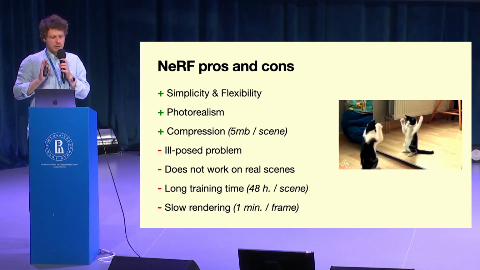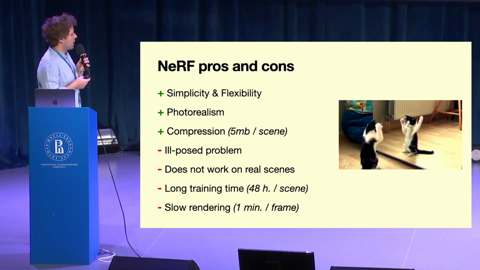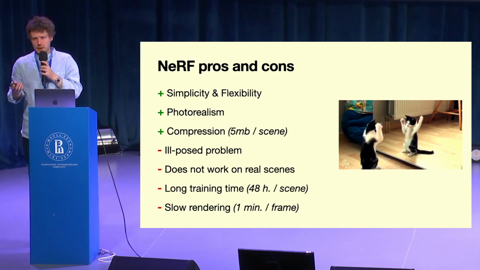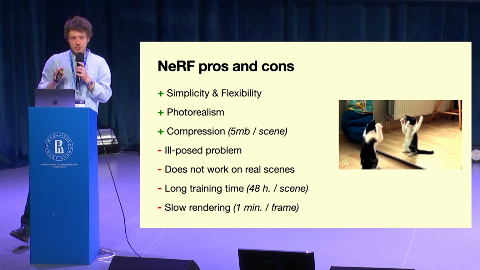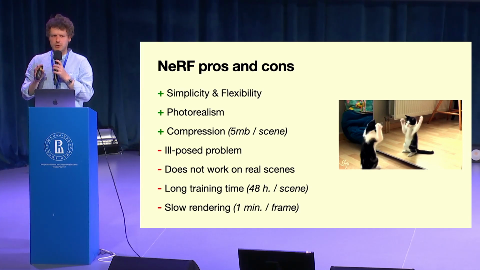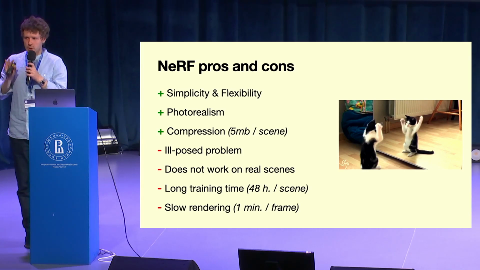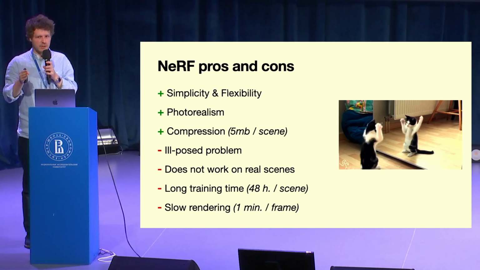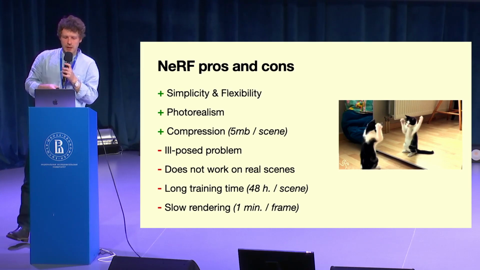And other negative features is that the original work, it was very impressive work with nice visual results, but it did not really extend to real scenes you would want to capture in your day-to-day life. I will talk about the caveats of this later.